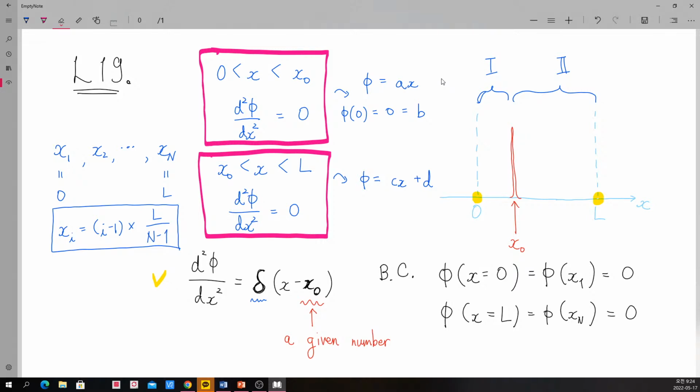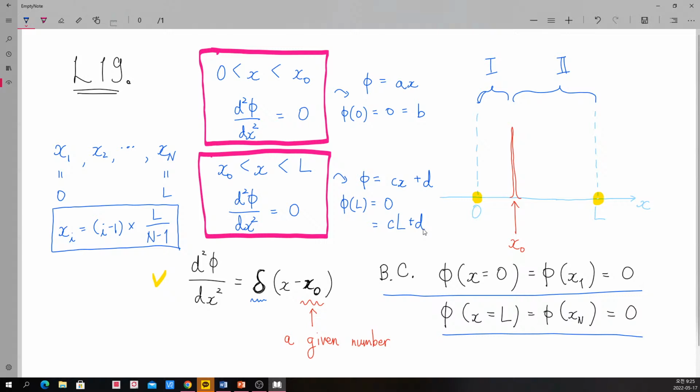Then let's go to region 2. In this case, we have cx plus d, and we can also apply the boundary condition phi at x equal to L, which is again 0. Why do we have such a boundary condition? Because we have assumed that this is the boundary condition for our Green function. Now it corresponds to C times L plus D equal to 0.